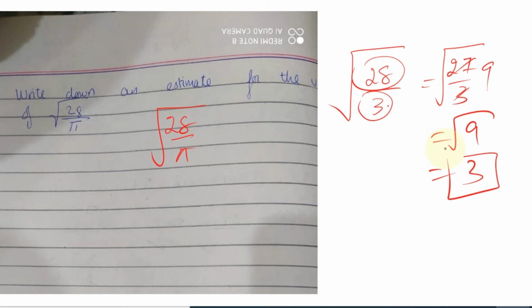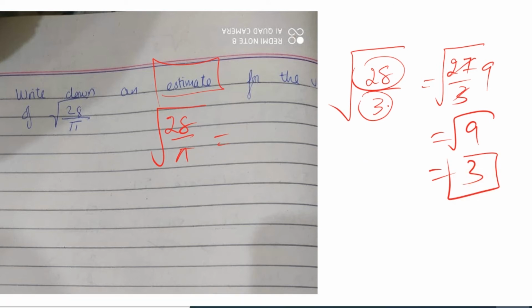So the perfect square can be obtained by 27 over 3, because pi is approximately 3. So the answer will be an estimation, 3.